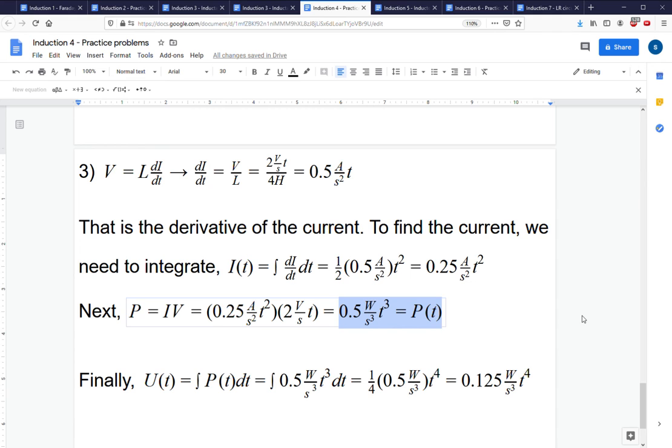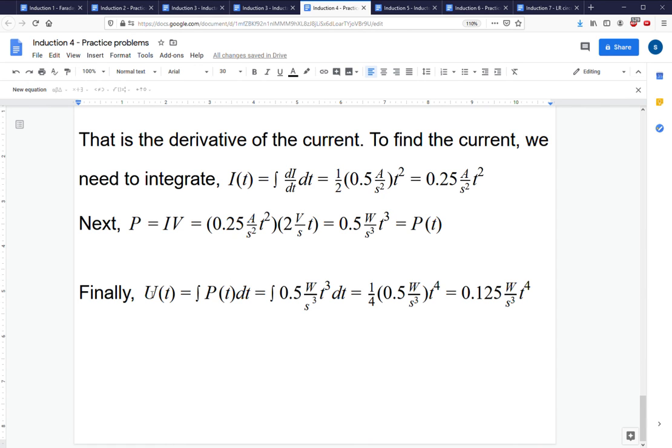So the final step, find the stored energy. Now, power is the rate of change of energy with respect to time. So power is equal to du dt. So to find how much energy is stored in the inductor, we should integrate power with respect to time. With that integral, power is 0.5 watts per second cubed t cubed.